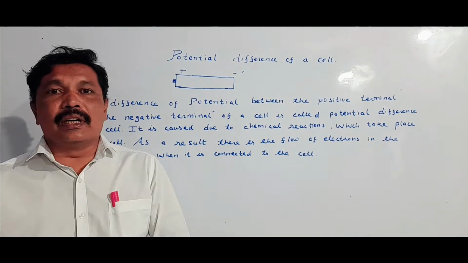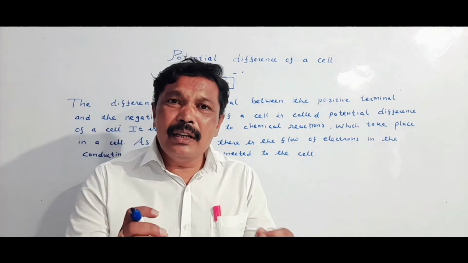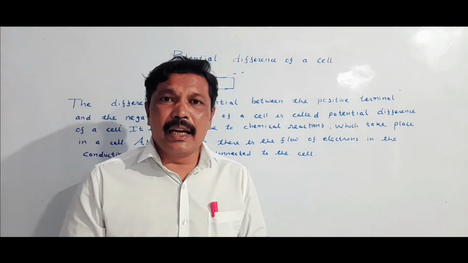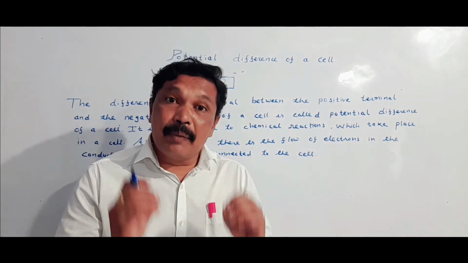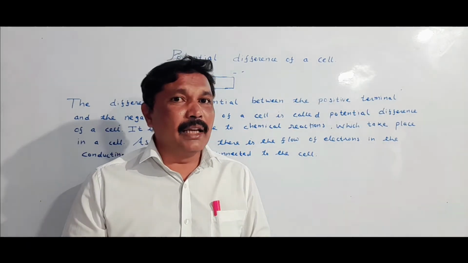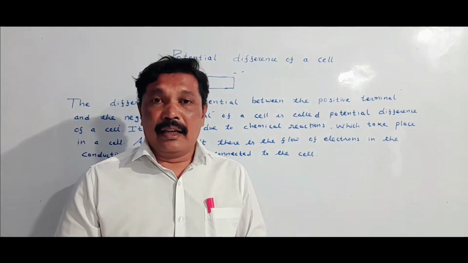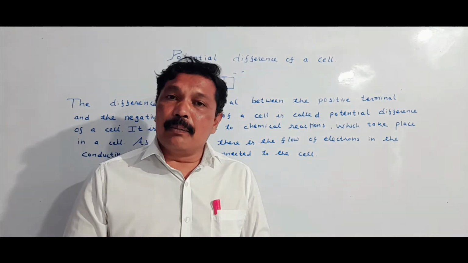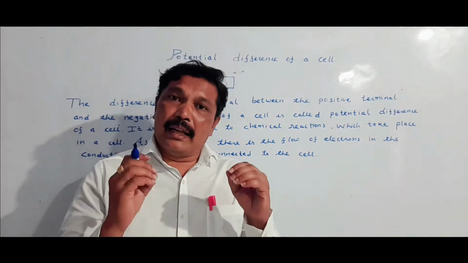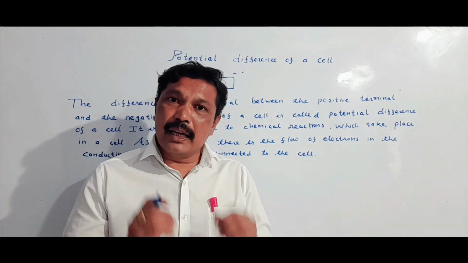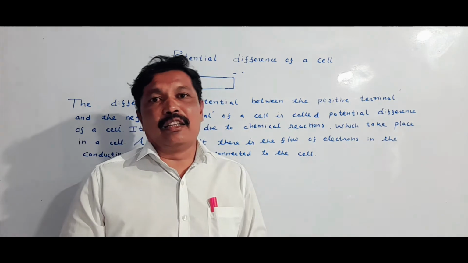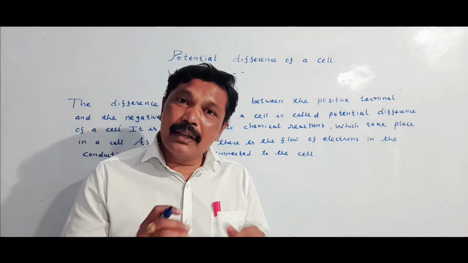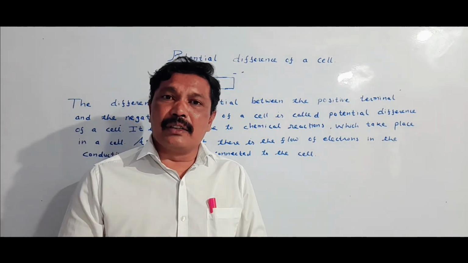The cell is made up of chemicals, and in the cell there is chemical reaction taking place. Due to this chemical reaction, a potential difference is developed.